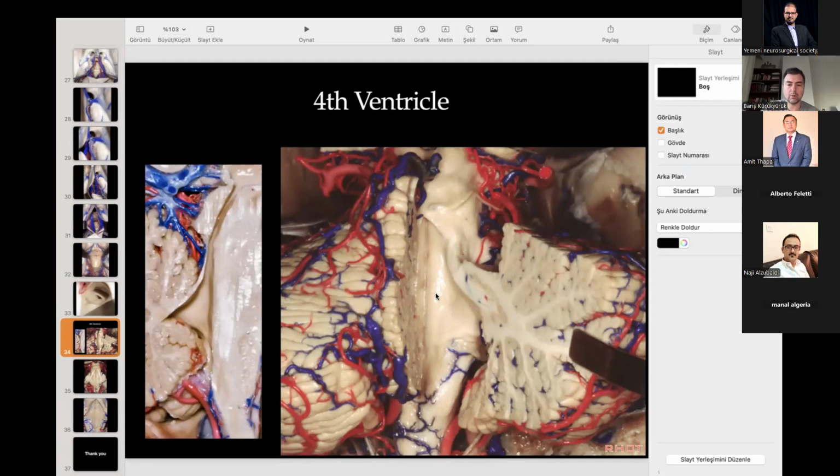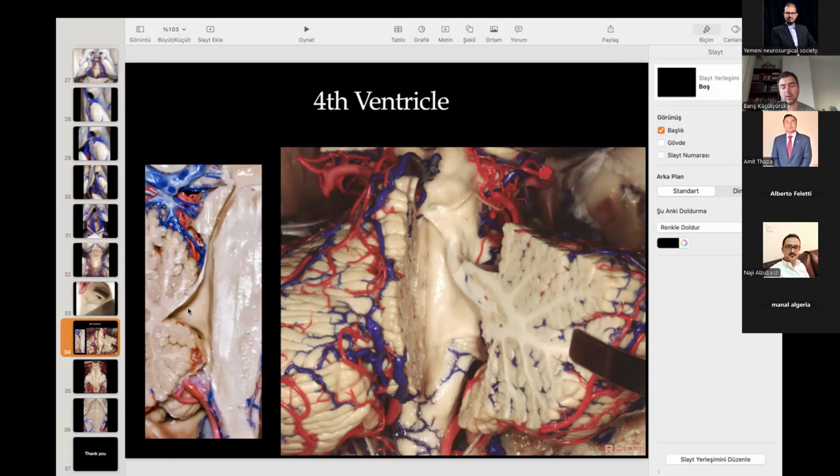Regarding the fourth ventricle, I will be speaking just about the floor, or the side of the brainstem, because the roof of the ventricle is the anatomy regarding the approaches.